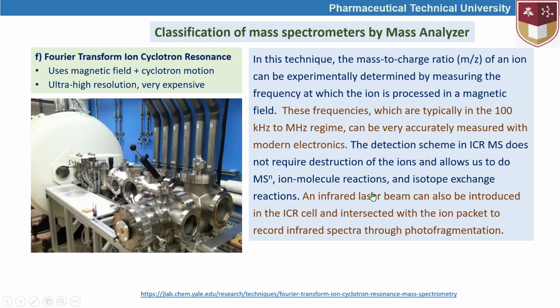An infrared laser beam can also be introduced in the ICR cell and intersected with the ion pack to record infrared spectra through photofragmentation. We talked to you about the Fourier transform infrared method. I recommend you to watch that video in order to understand the essence of this tool.